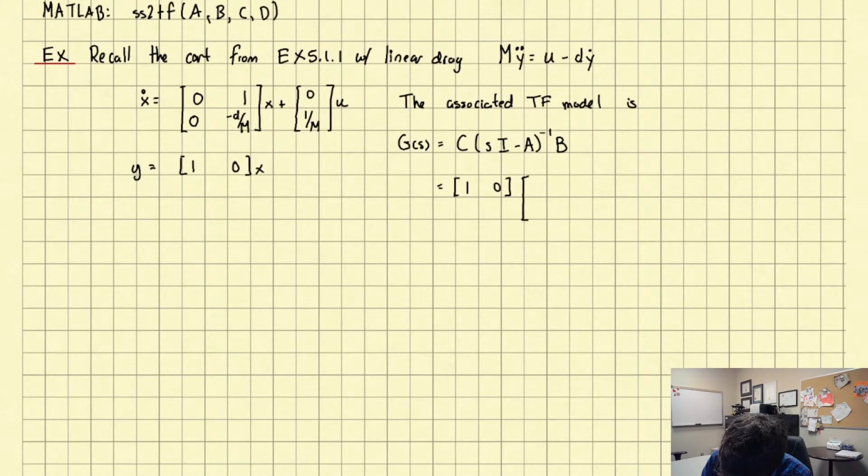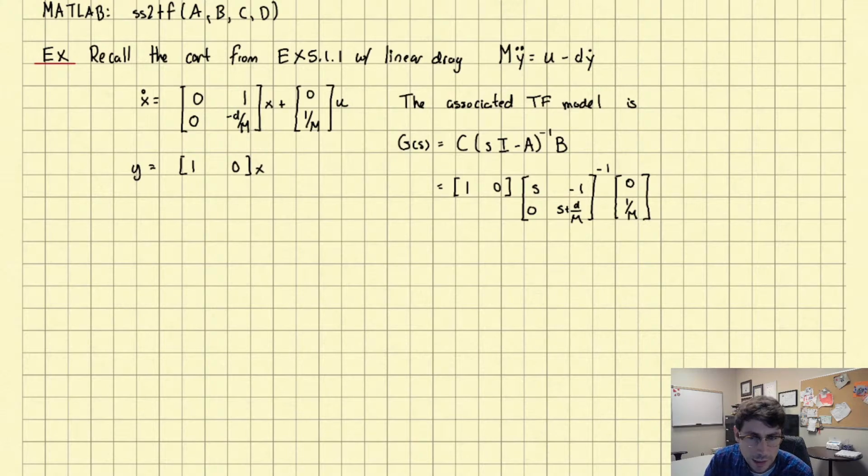A is that 2 by 2 matrix there. But I need to do s times the identity matrix minus that matrix above. When you do that, you get the following. So that's sI minus A. I haven't taken the inverse yet; I'm keeping the inverse sign there. And then finally the B matrix is there.